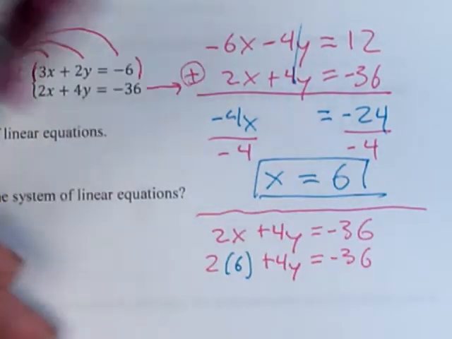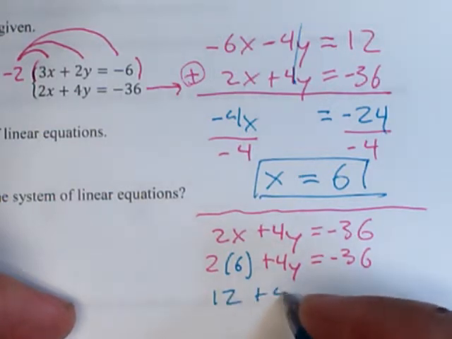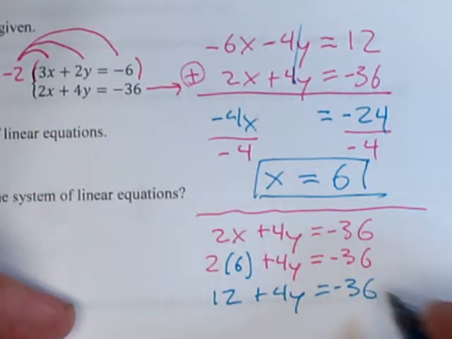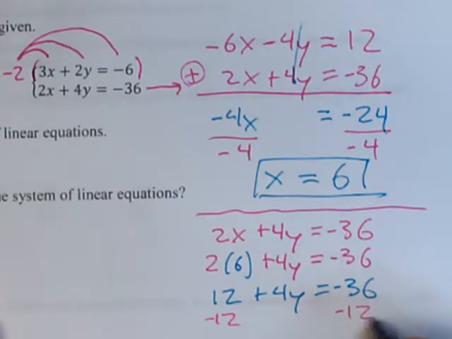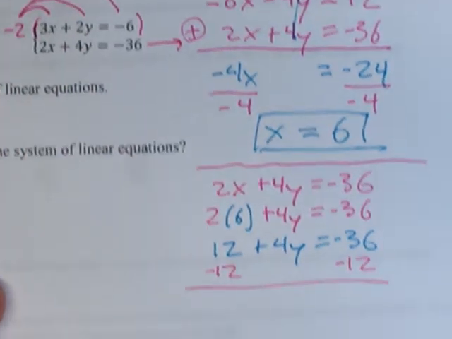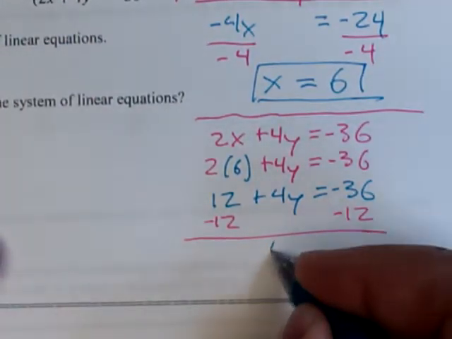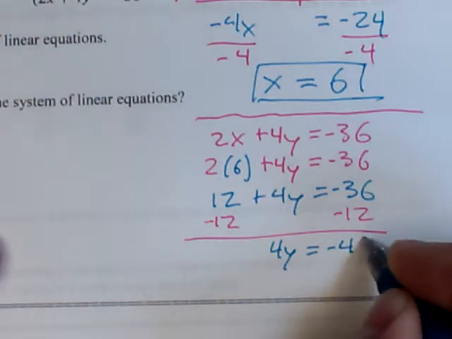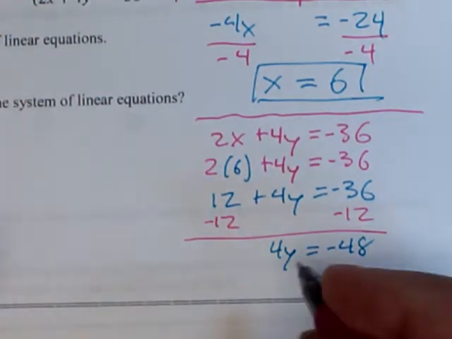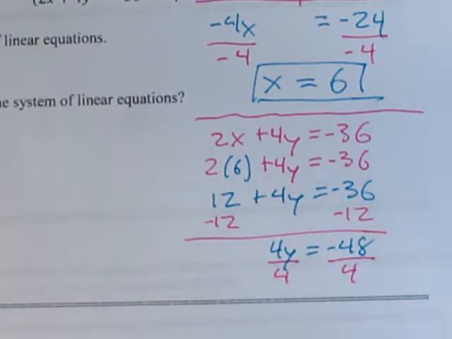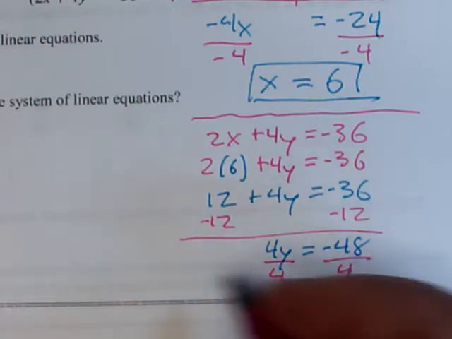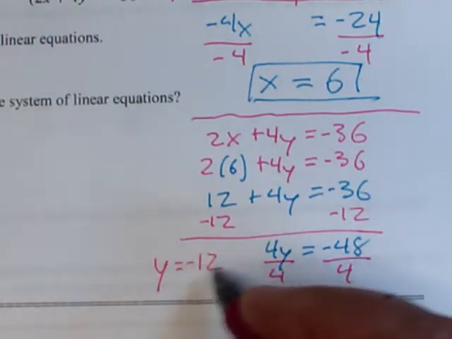So this becomes 12 plus 4y equals negative 36. And take away 12 from both sides. Divide both sides by 4. And I'm going to get y equals negative 12.